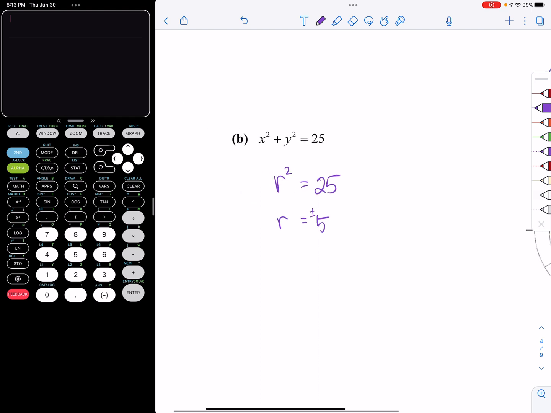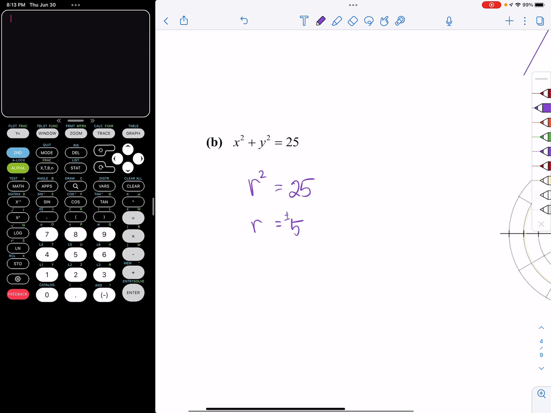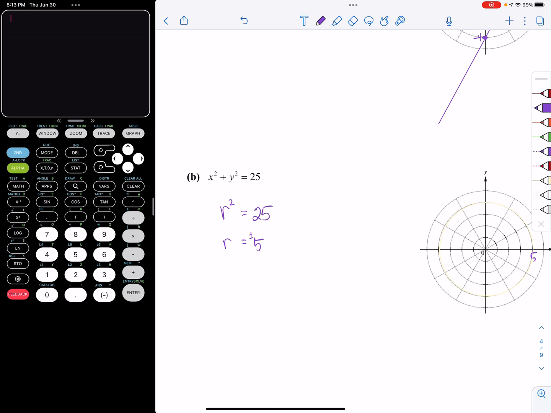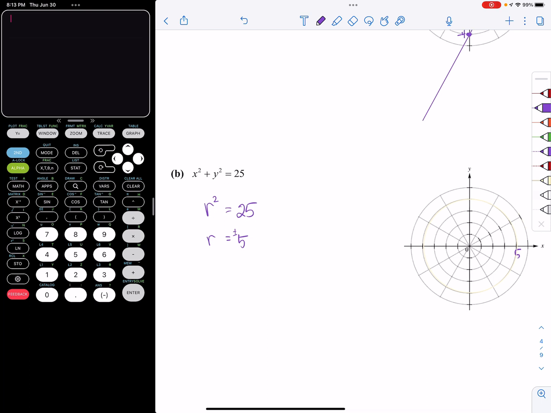But as we learned in the last video, a negative radius is not as normal. We can work with it, but either way, we're going to have the exact same thing here. A radius of 5 tells us that we have a circle with a radius of 5. Now, I can cheat here a little bit because my iPad will automatically draw a circle for me.